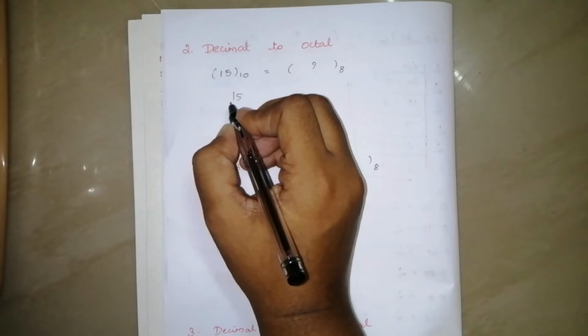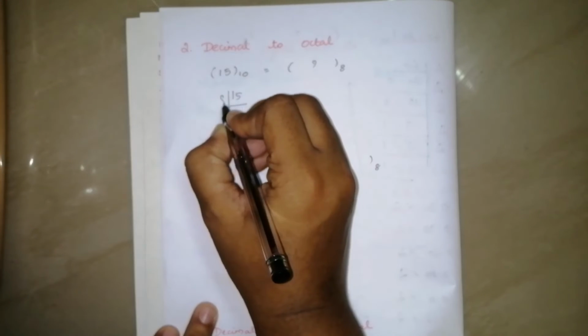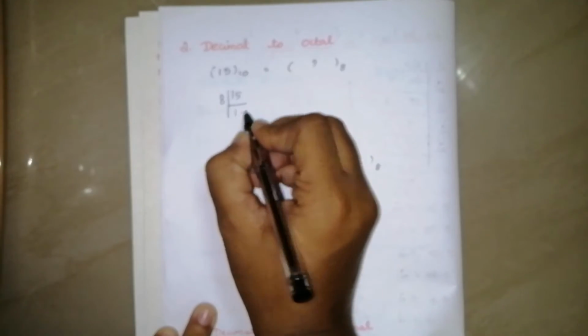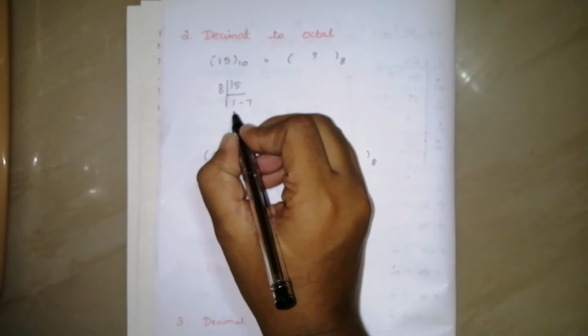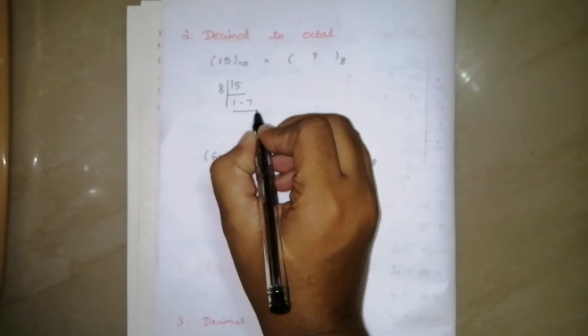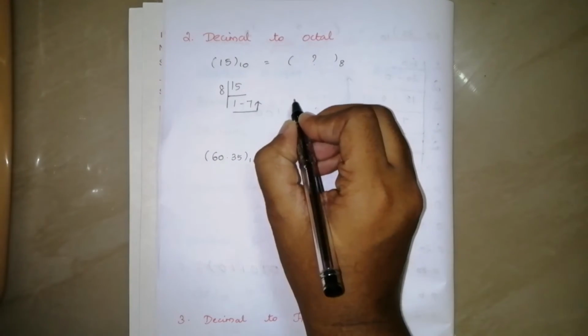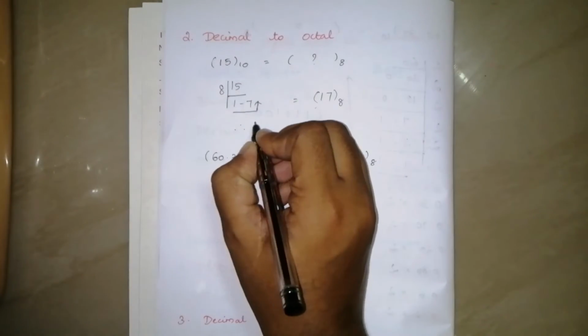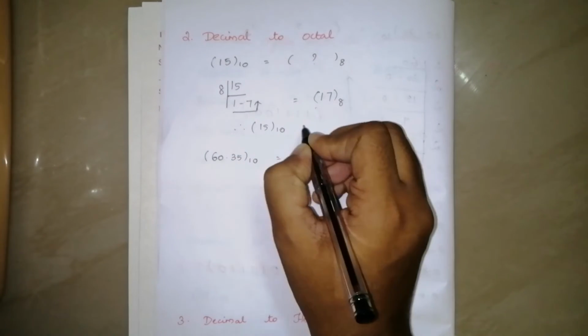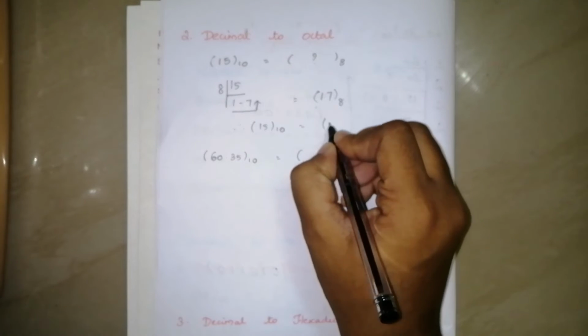Here the octal base is 8, so we have to divide by 8. 8 ones are 8. Remaining is 7. Therefore, the octal equivalent is 17 of 8. Therefore, 15 of base 10 is equal to 17 of 8.